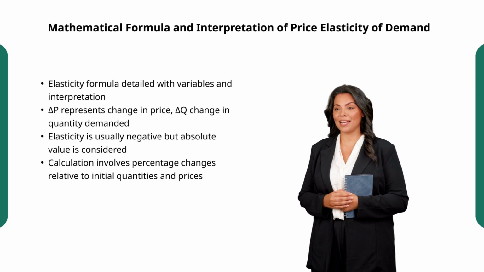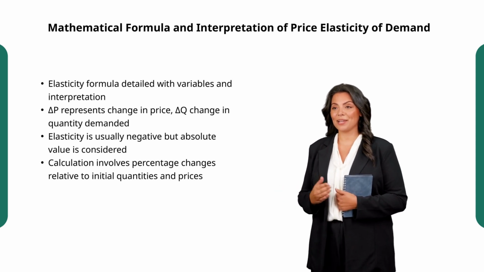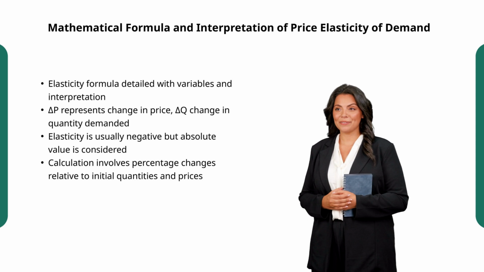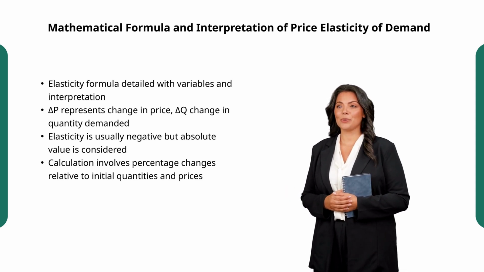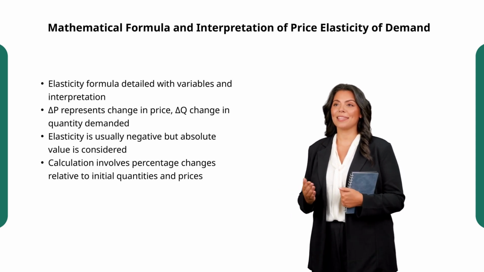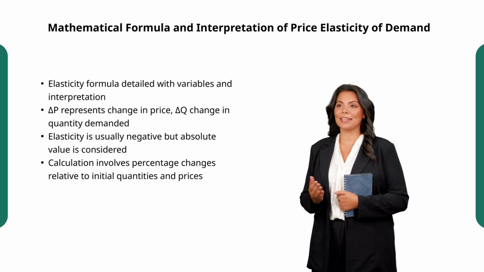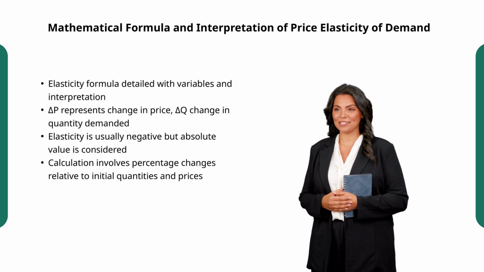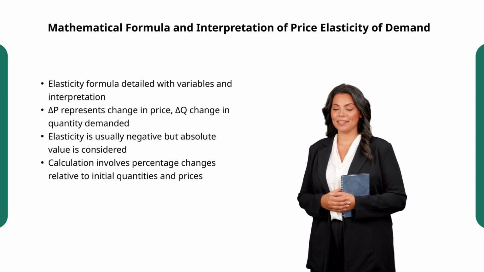The percentage change in quantity demanded is calculated as the change in quantity, that is the new quantity minus the old quantity, divided by the old quantity, multiplied by 100 to convert it to a percentage. Similarly, the percentage change in price is the new price minus old price, divided by old price, multiplied by 100.